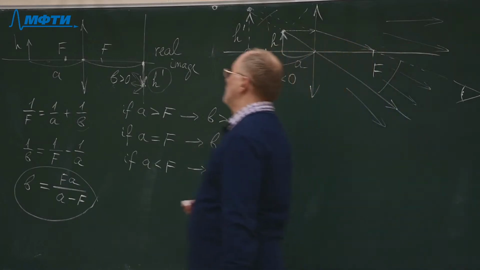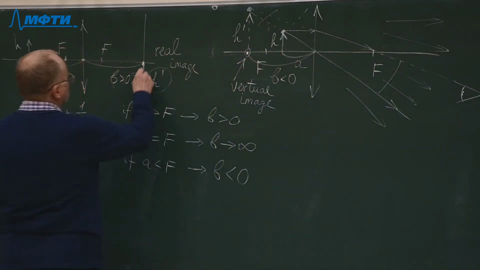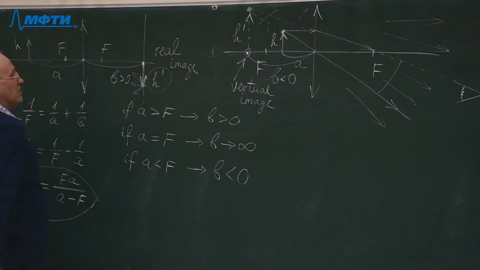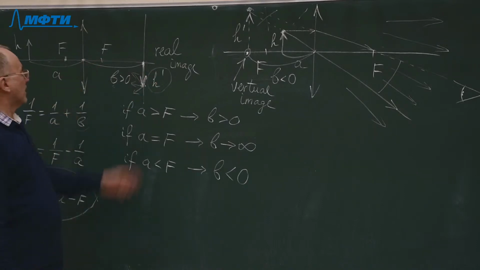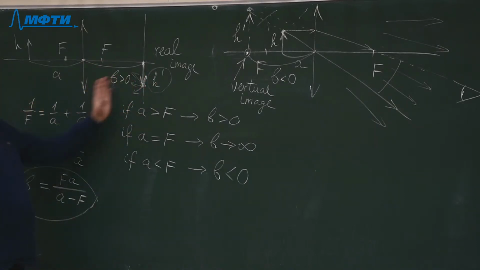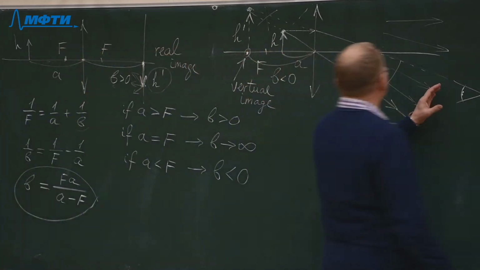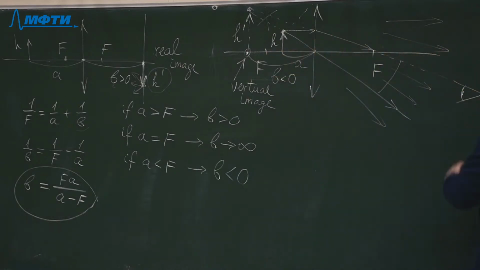Also, it's possible to arrange a larger size of a real image, but it will be on the screen. It will not be formed in the human eye. We could see the screen from some distance, but in this case, the image is actually formed in the eye after the human eye focuses the diverging rays onto the retina.